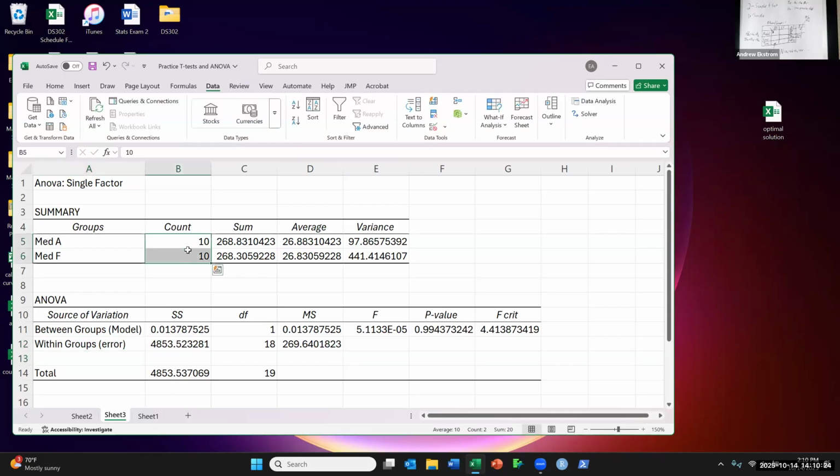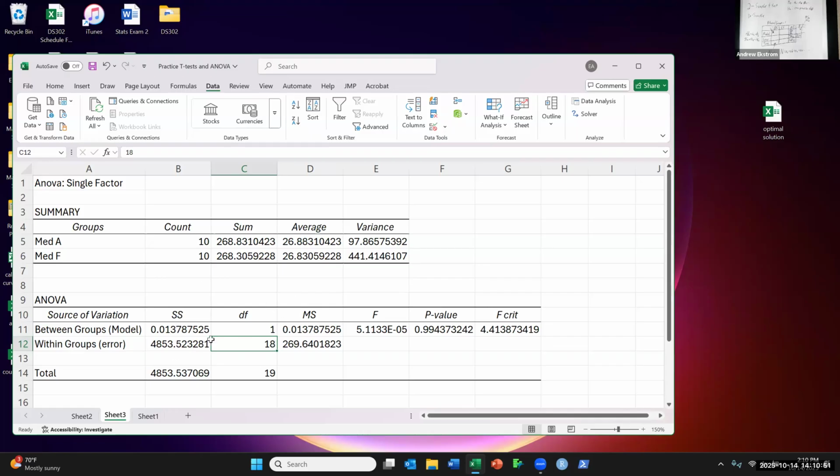And when you look up here, again, two groups with 10 samples each, 10 plus 10 is 20. Degrees of freedom total is 19 because 20 minus 1. We've got two groups, so 2 minus 1 is 1. Down here, we've got the difference between those two.